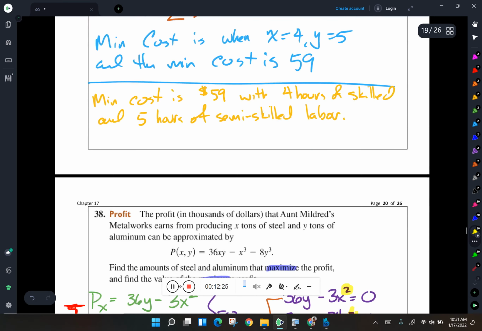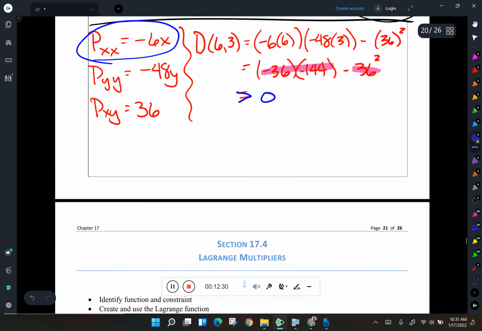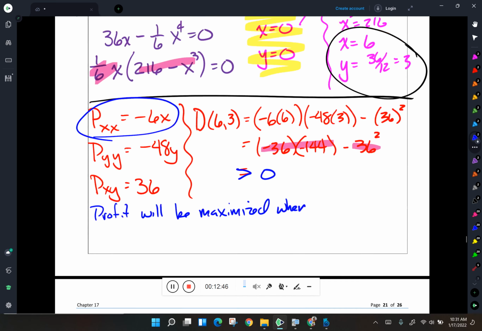So that means that for this problem, profit will be maximized when x was 6, but what did x stand for? Tons of steel.